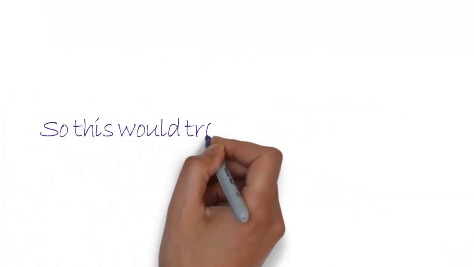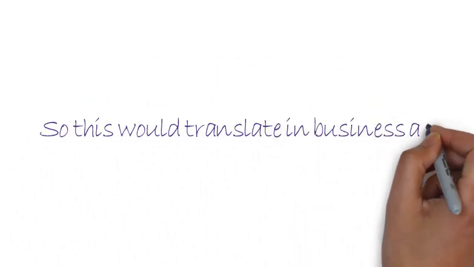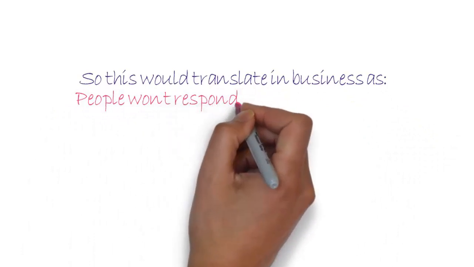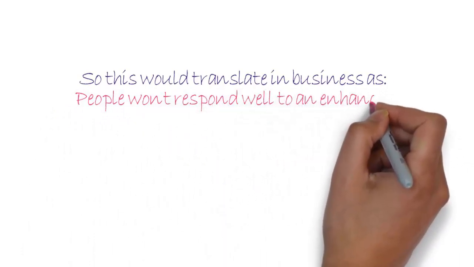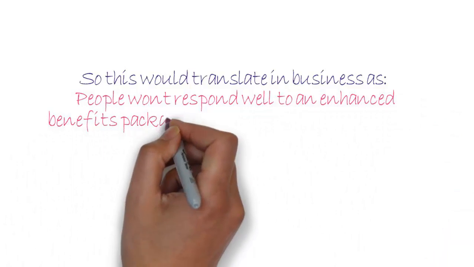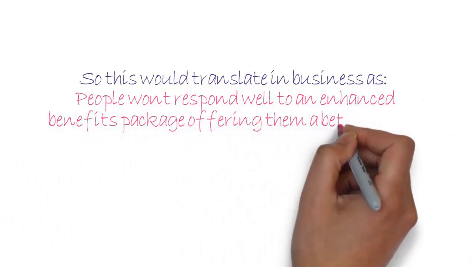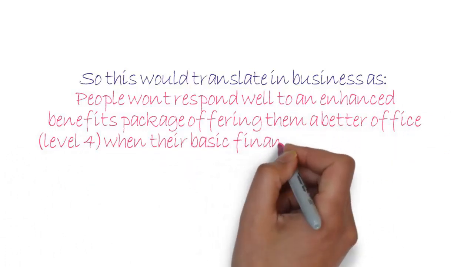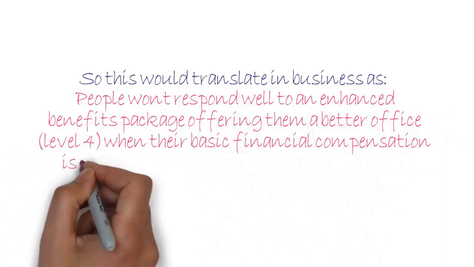So this would translate in business as: we can't expect people to respond well to an enhanced benefits package, say offering them a better office, level 4, when their basic financial compensation is not enough to pay the family bills, level 1.